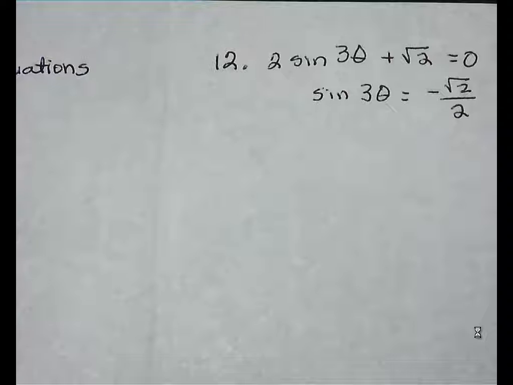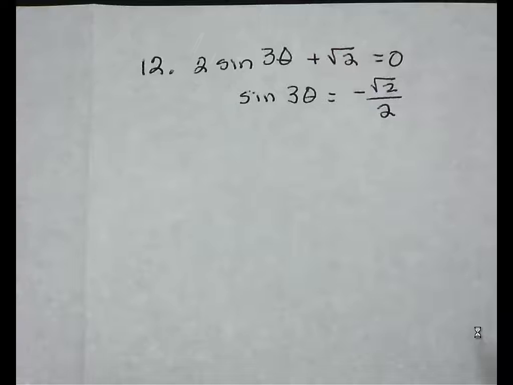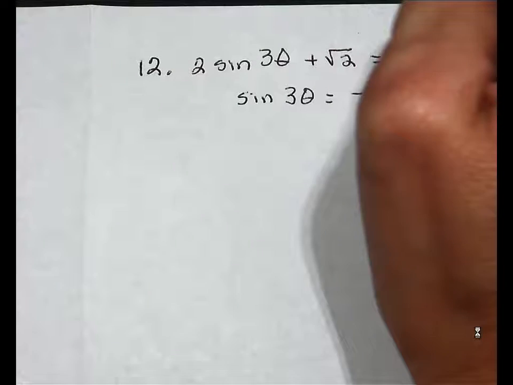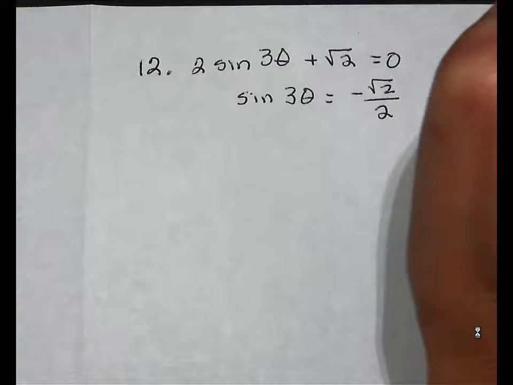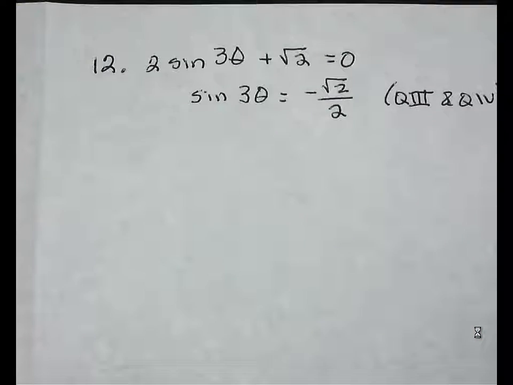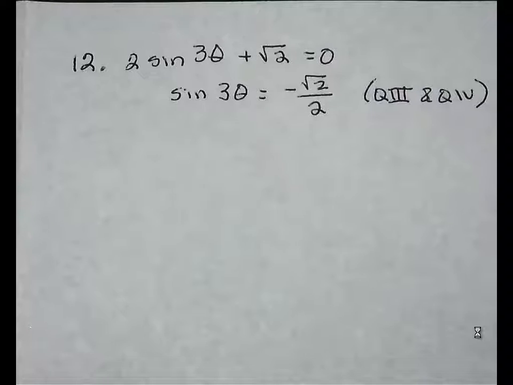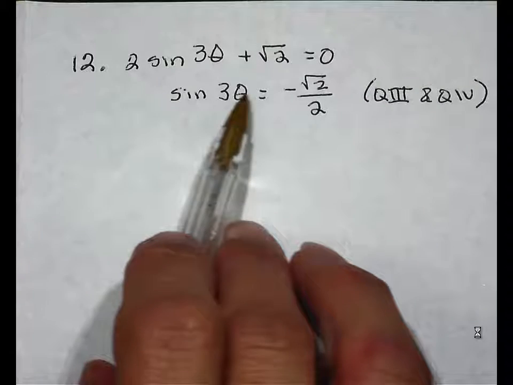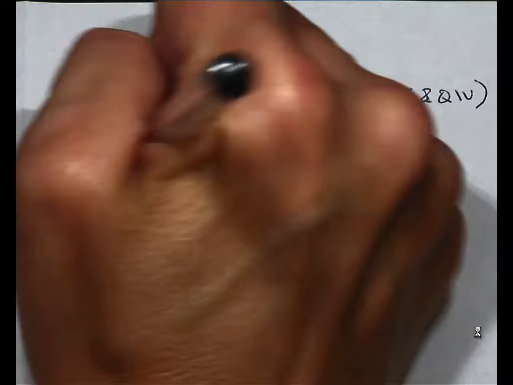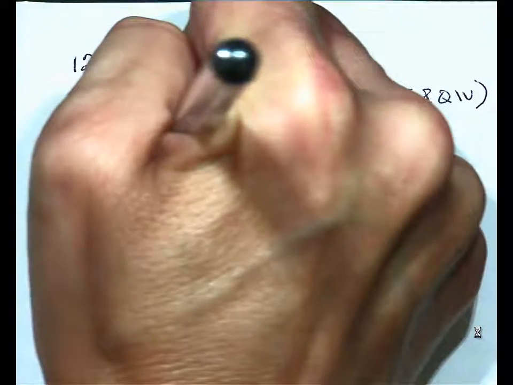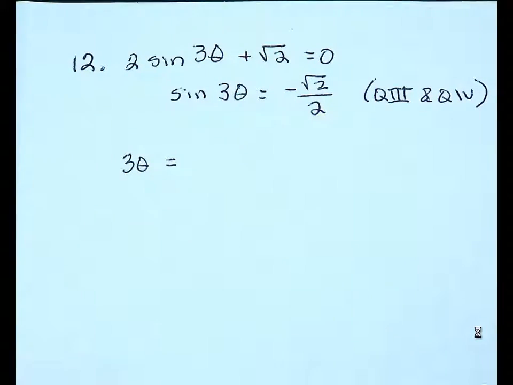It's going to happen at the quarter pies in quadrant 3 and quadrant 4. Now, when I find those 2 quarter pi angles, that's not going to tell me what theta is, that's going to tell me what 3 theta is. So I'm going to set 3 theta equals, what's that third quadrant quarter pi?